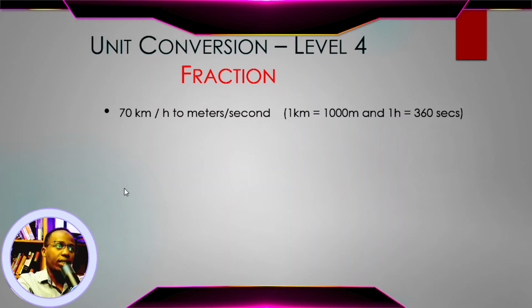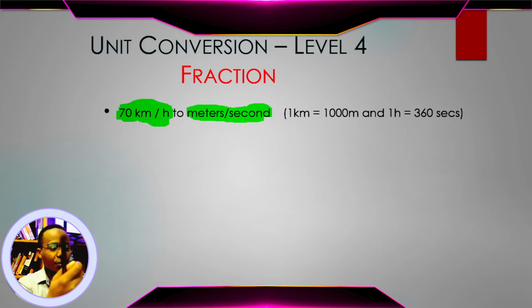Level 4 is when I give you something that's a fraction. What does that mean? 70 kilometers per hour. It's kilometers per hour, and then I ask you to convert it to meters per second. So this is a fraction, and a fraction you treat the same way, but you have to treat these two differently.